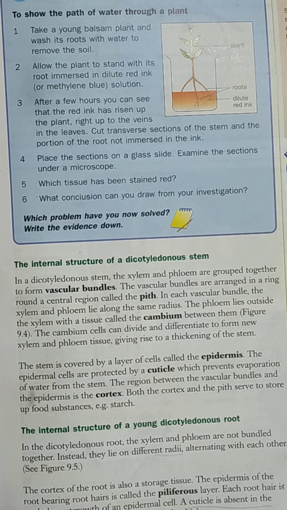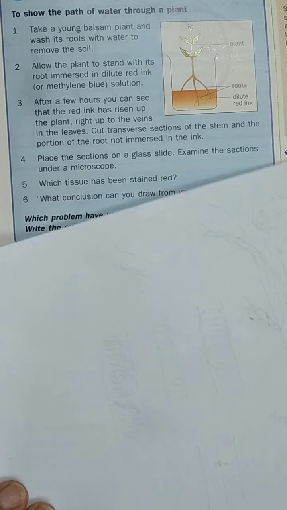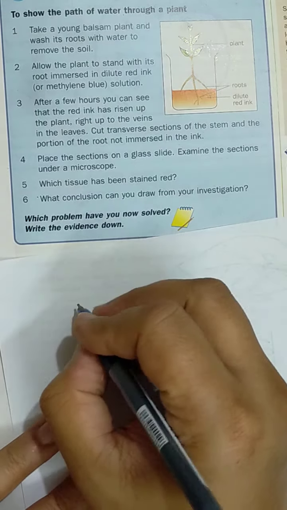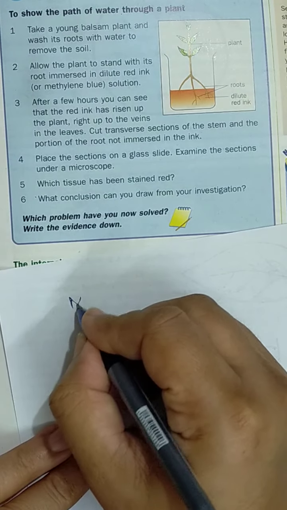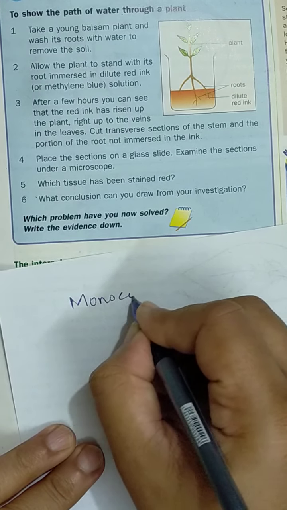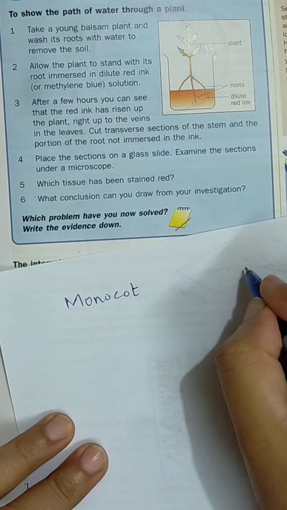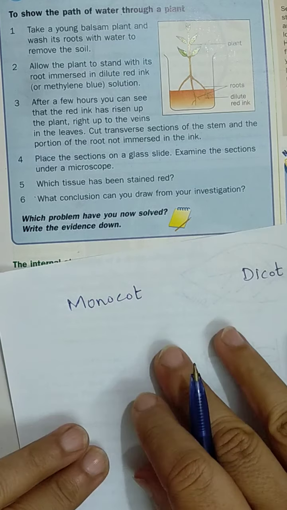First of all, I will tell you what is meant by dicotyledonous. Remember one thing, that we have two types of plants. Some are called monocot or monocotyledonous, or some are called dicot or dicotyledonous.